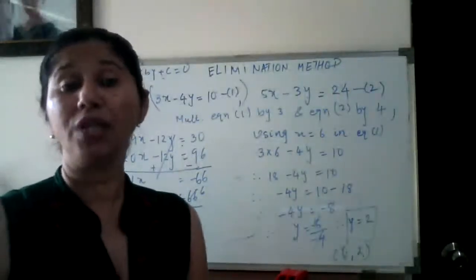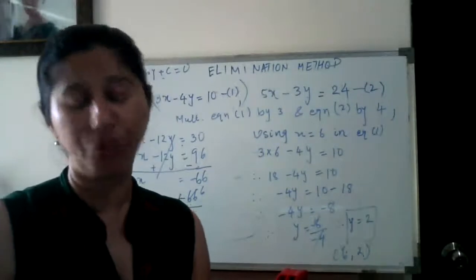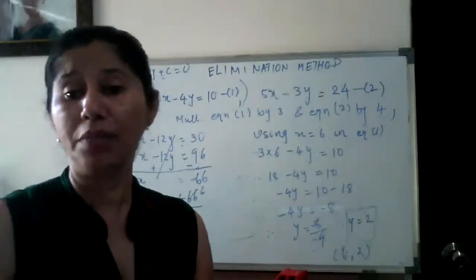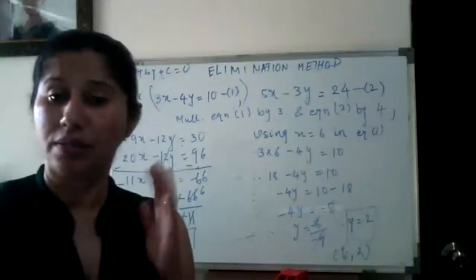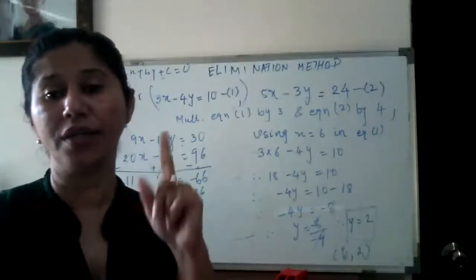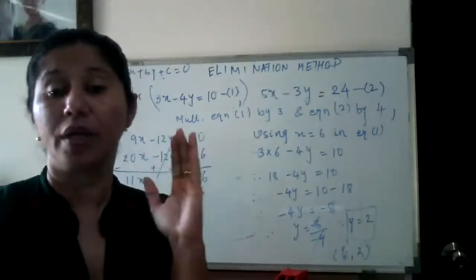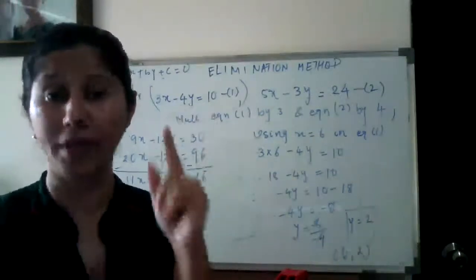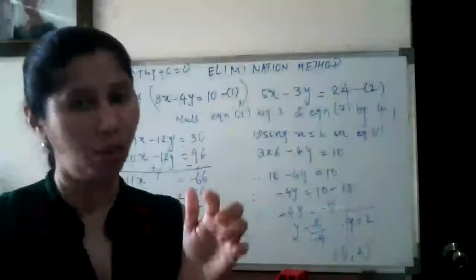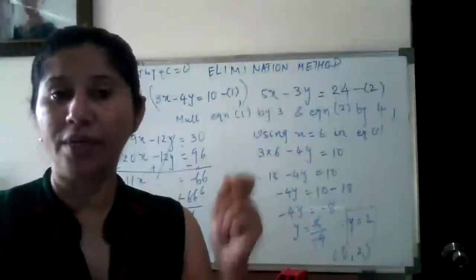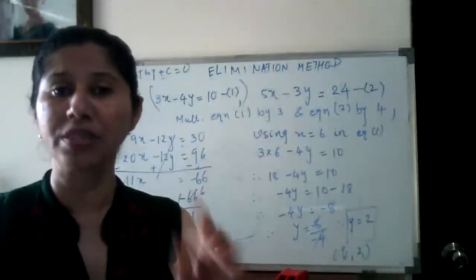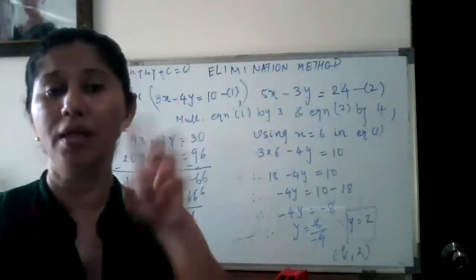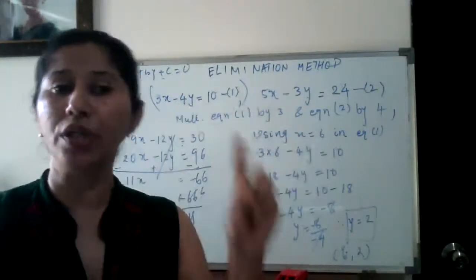Suppose you are told to use the elimination method. In the elimination method, you have to keep one thing in mind: that you have to get rid of one variable. To get rid of one, what do we have to do? We have to look for the variable whose coefficients are equal. If not, then we have to multiply the equations by numbers in such a way that we get the coefficients equal.